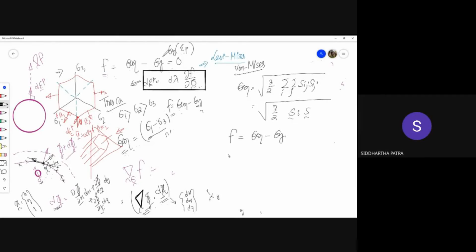Therefore del f del sigma is essentially del sigma equivalent del sigma, so I'm taking a gradient.